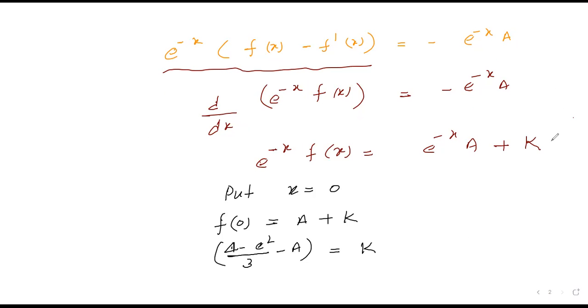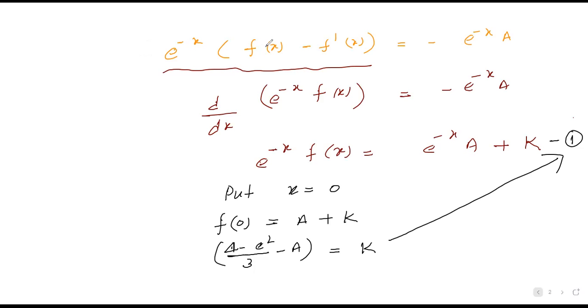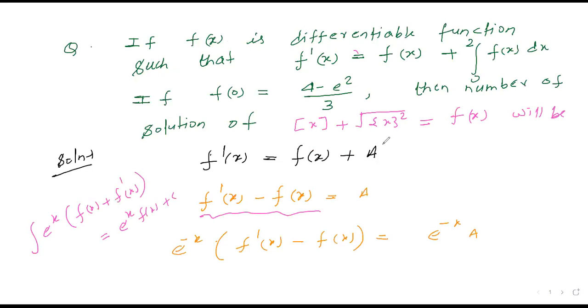Now, if we call this equation number first, now put the K here in the first equation. So now you can write e^(-x) f(x) equals e^(-x) into capital A. You know capital A is basically integral 0 to 2 f(x) dx, right?